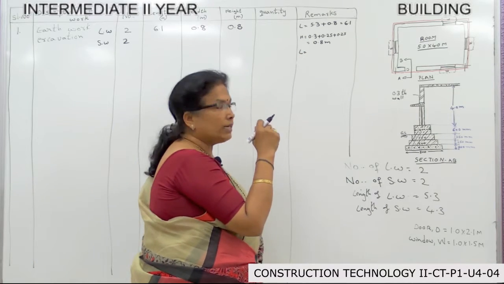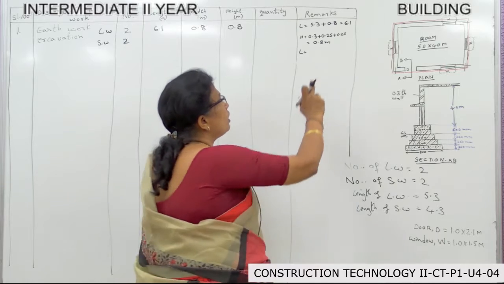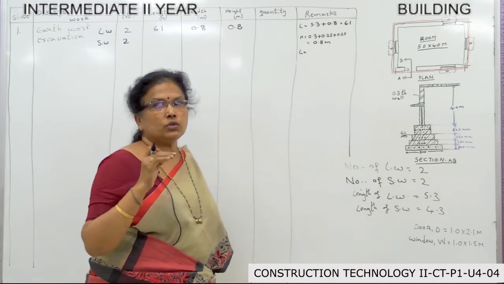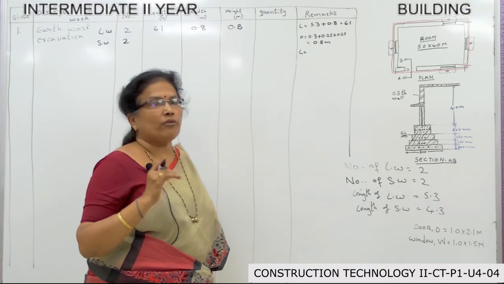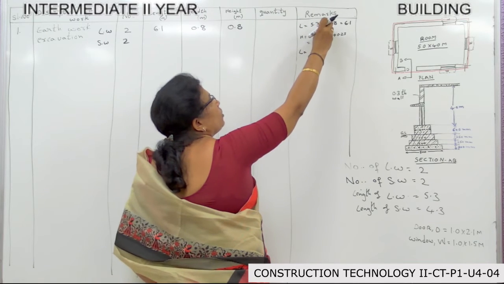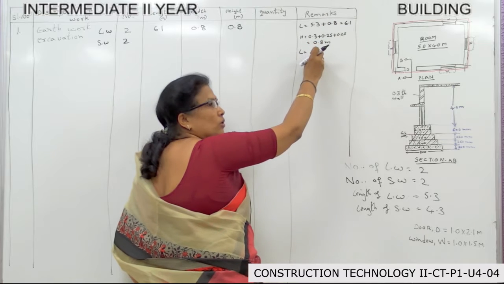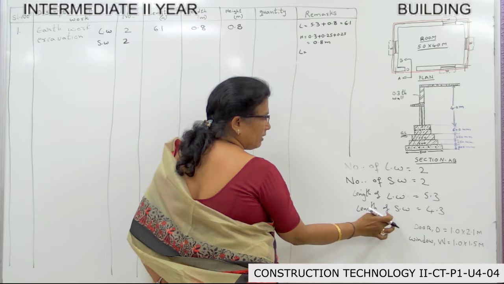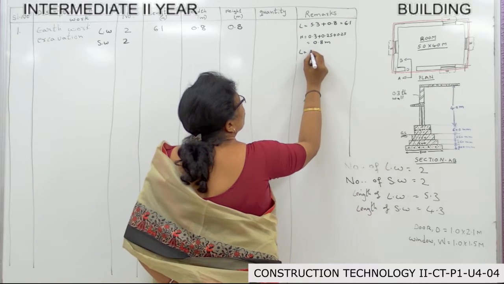Again you need to calculate the length of the short wall. As I told earlier, for long walls you should add one width, and for short walls you should deduct one width. Whatever value you are adding here, that value should be deducted in the short wall.